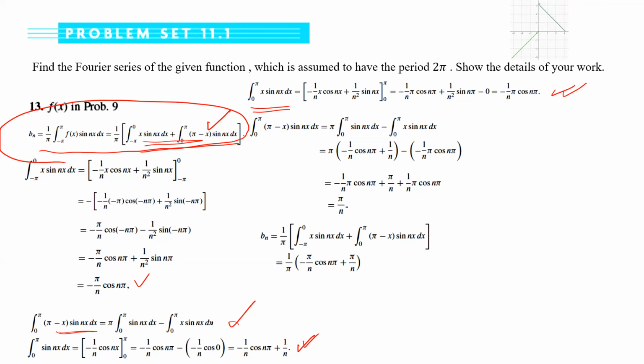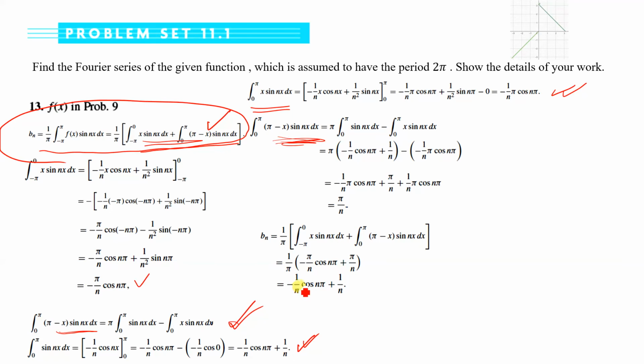We have 1 over pi times minus pi cos of pi n, plus the second integral, which is the sum of these two integrals and equal to pi over n. So the value of Bn is equal to 1 over pi times minus pi over n cos n pi plus pi over n. Again, cos of n pi depends upon the value of n: when n is odd, cos of n pi is minus 1, and when n is even, cos of n pi is plus 1.